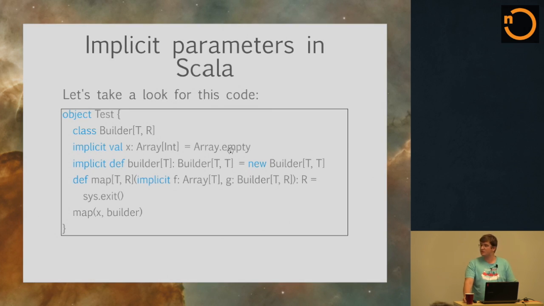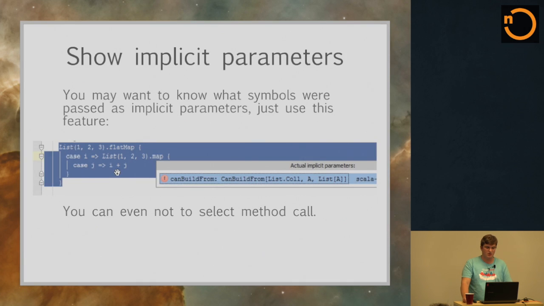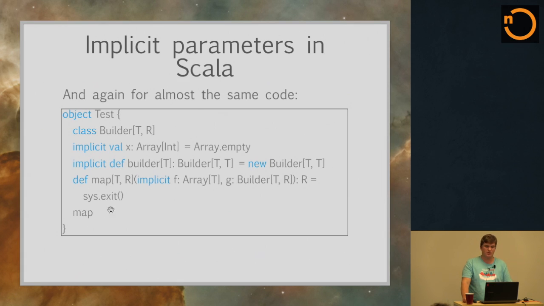So this is some kind of puzzle. This is not related to the Scala plugin. You can see this example. It's about implicit parameters, which here are passed explicitly, and on the next slide they are passed implicitly.